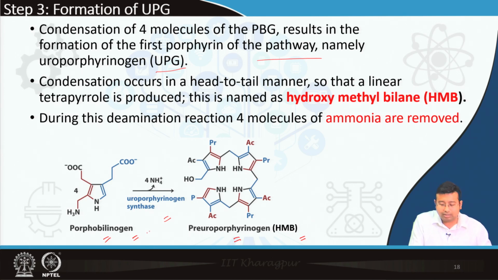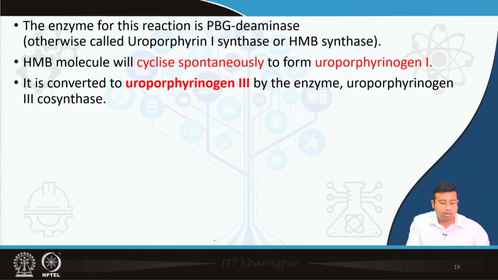So, uroporphyrinogen synthase forms a linear compound which undergoes spontaneous cyclization to form uroporphyrinogen 1. Ultimately that 1 is a symmetrical porphyrin. Okay. What happens? By uroporphyrinogen 3 co-synthase it is converted to uroporphyrinogen 3.